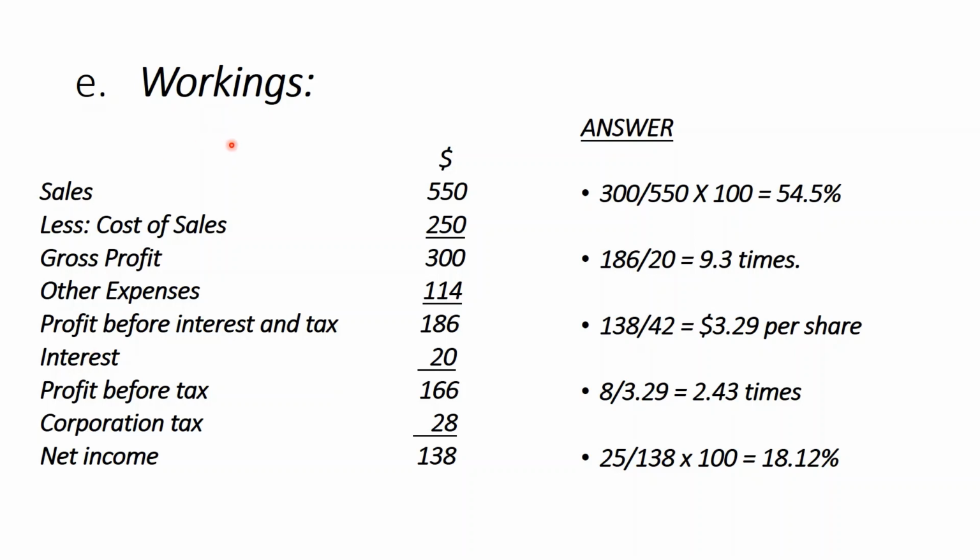Now, one of the things we have to remember when we are doing ratios in particular is that when we divide dollars by dollars, we don't get back dollars. What you get is a number of times. For example, if you divide $4 by $2, you do not get $2 as your answer.